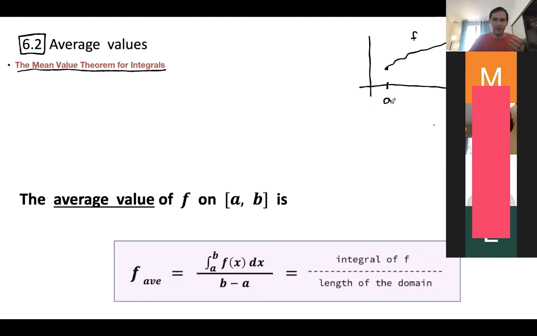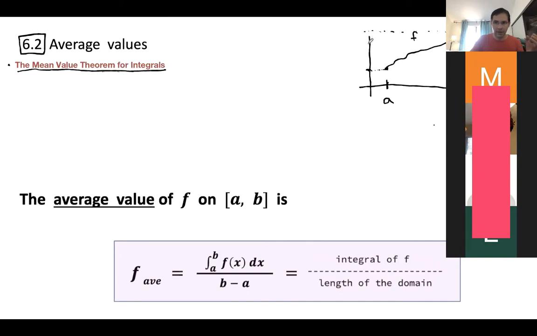Now the function is defined on this interval from a to b. Let's try to analyze this function and see how it looks. At a, this is the value of the function, just one value. Another value of this function is at b, and this is that point.